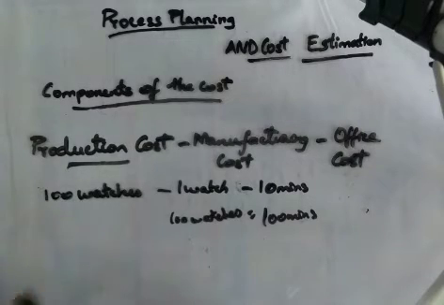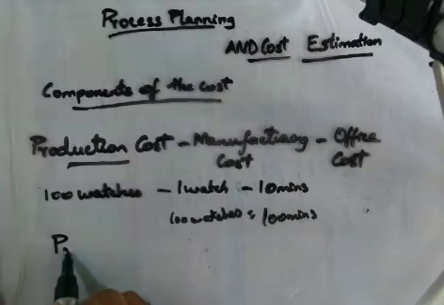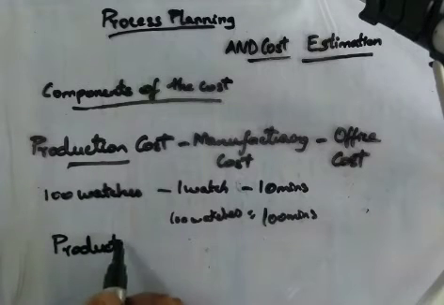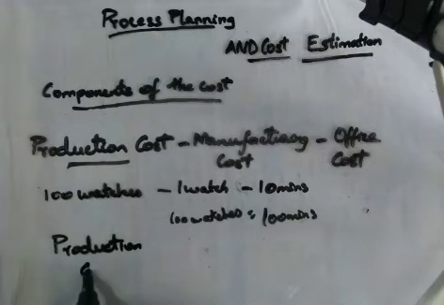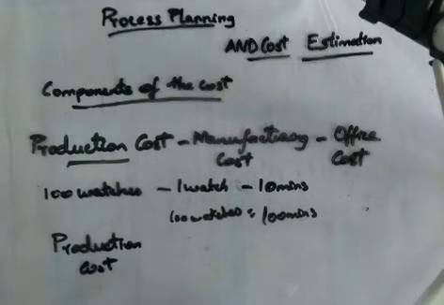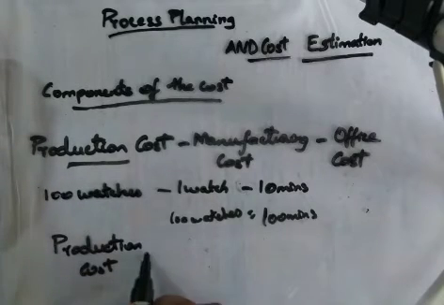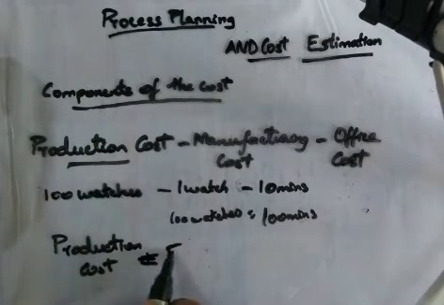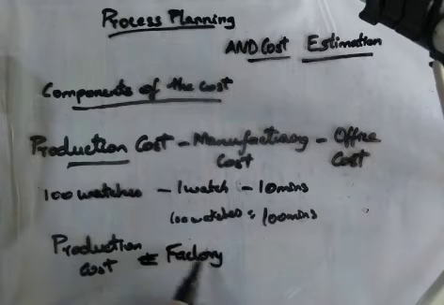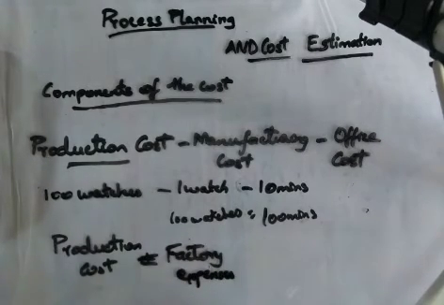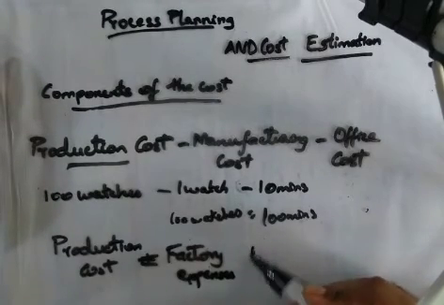So production cost is equal to the factory cost. Production cost is equal to factory expenses plus administrative expenses.